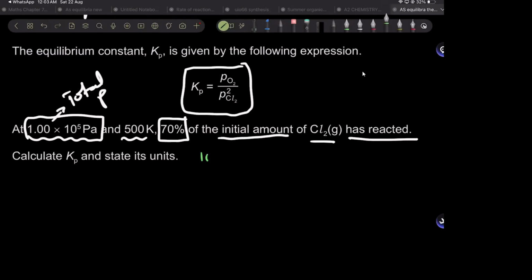If you had 100% initially and 70% has reacted, where did that 70% go first of all? You had 100% and then 70% reacted. If we have the initial amount and we've been given that 70% of it has been converted, that means the initial amount was 100%. It's very basic.